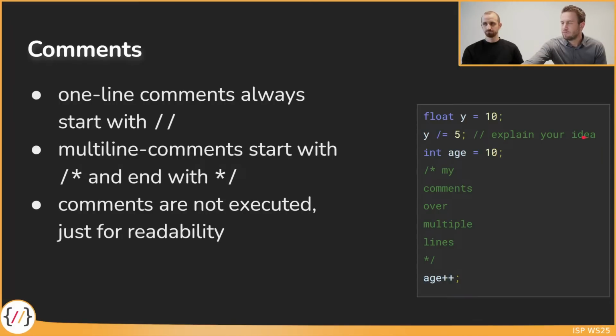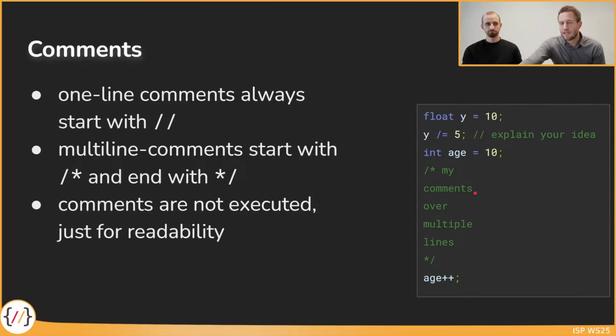As I said, this is just for us programmers to make our code more readable, to explain what we want to do with this division, for example, in this case. But the compiler ignores it completely, so it removes it.